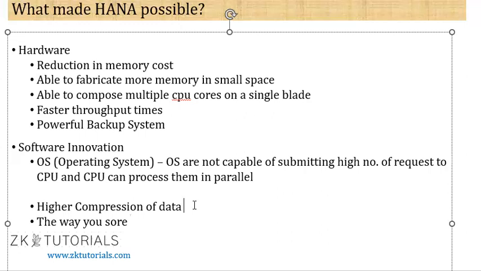Just understand row versus column store. The way HANA does the internal processing of storing is all on its own, so you don't need to learn how to store in row or column. That's internal to HANA, and HANA will take care of it. You just need to know the concept of row versus column store. We will see that in the next lecture.